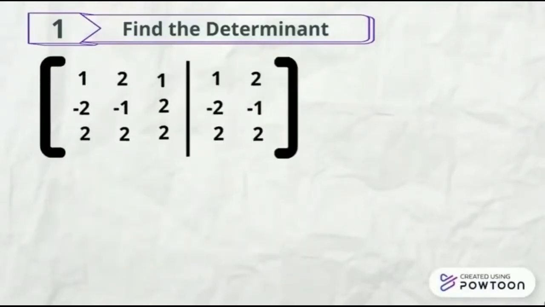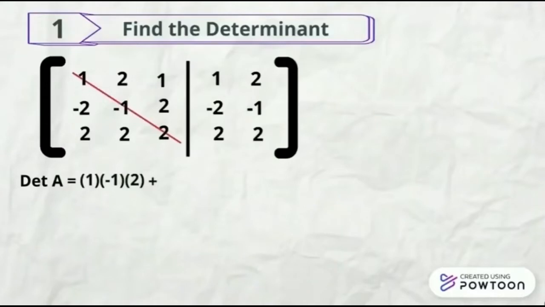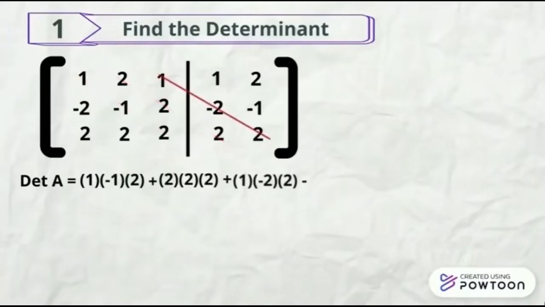For example, to find the minor in row 1, column 1, we are going to cover up the elements in row 1 and column 1, which leaves us with the 4 elements at the lower right corner of matrix A. Take -1 multiplied by 2, then subtract by 2 by 2. Solve the equation and we will get the minor of row 1, column 1.